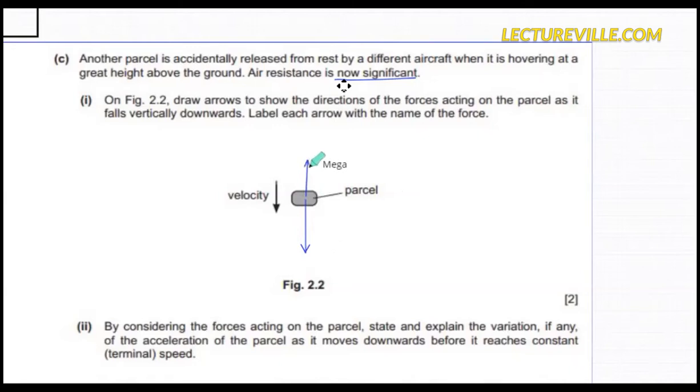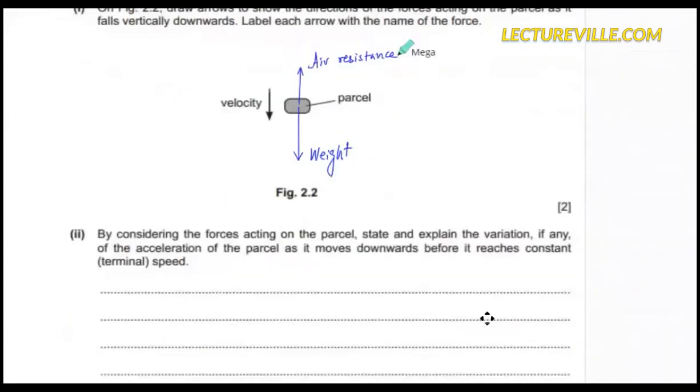The force I made downward is weight, and the upward force is air resistance. Remember, air resistance or drag force always acts opposite to the direction of motion of an object. Object is coming down, and this is how we can get these easy, sweet 2 marks.